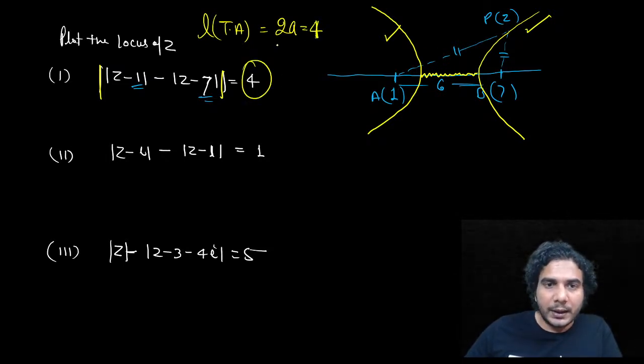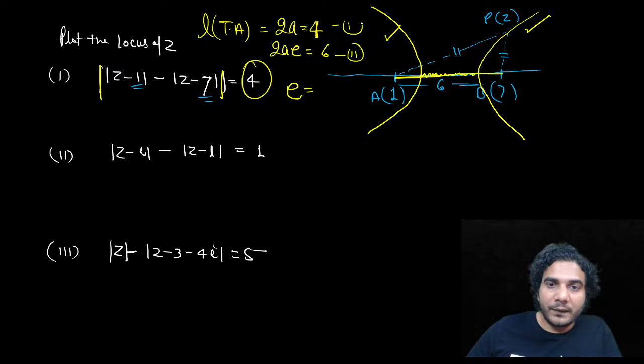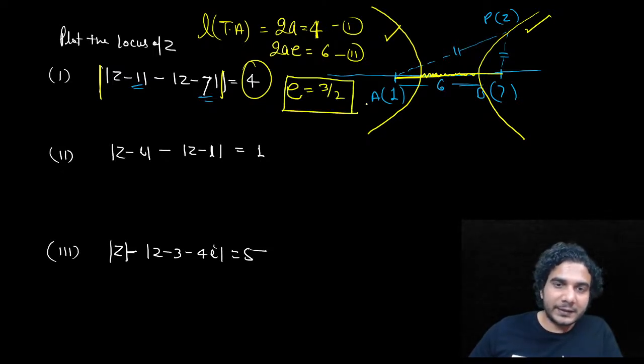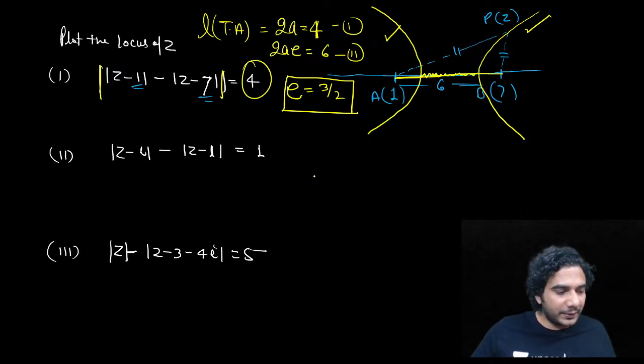This is 4, and 2ae is going to be this, which is 6, all right. So using this, you can find e also by dividing the second equation by the first. So it is going to be 3 by 2, all right. Now you know this is the eccentricity.